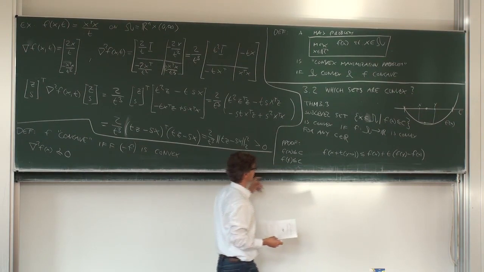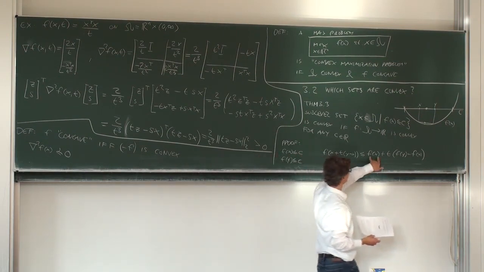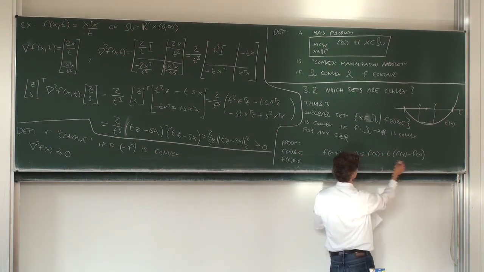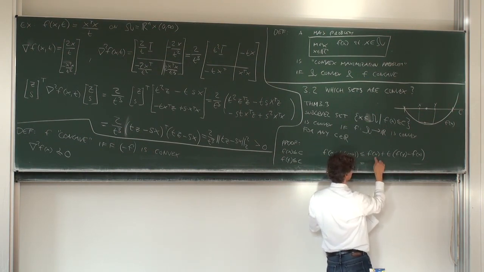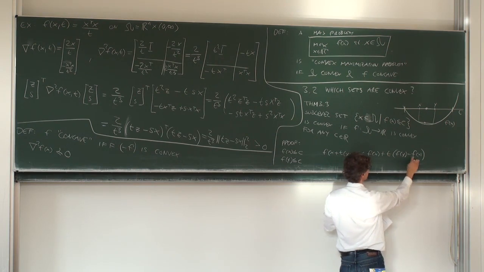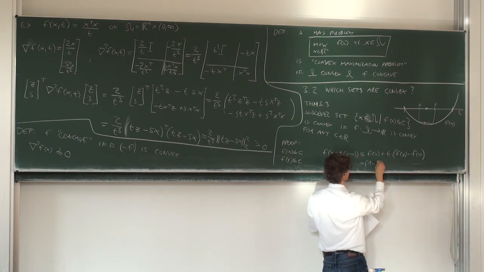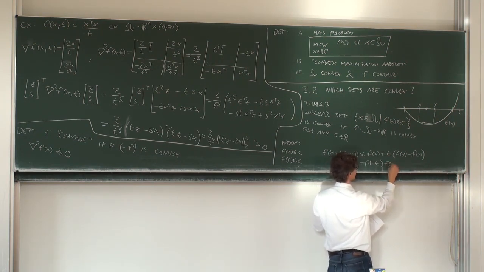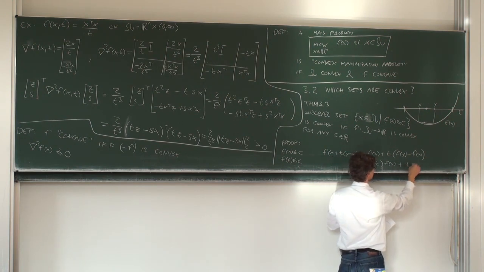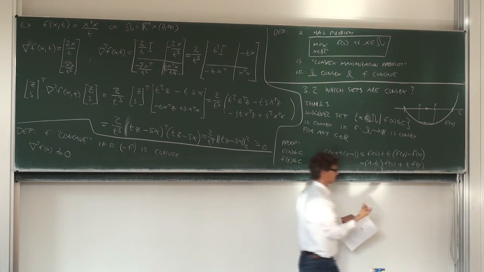Now we can write this whole thing in another form, with a 1 minus t times f of x plus t times f of y. That's completely equivalent.